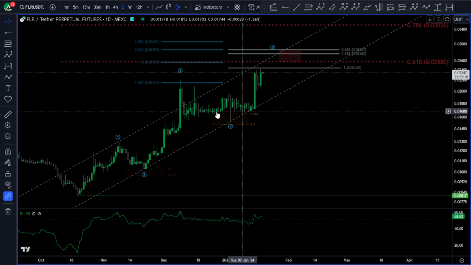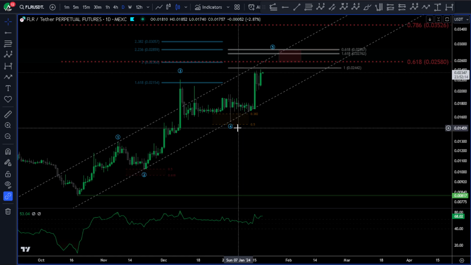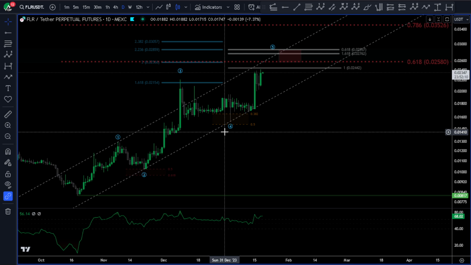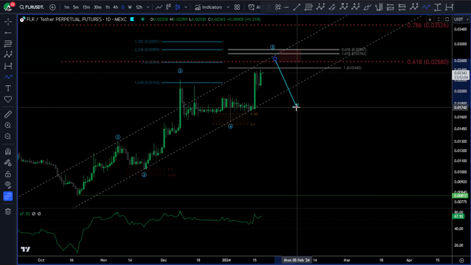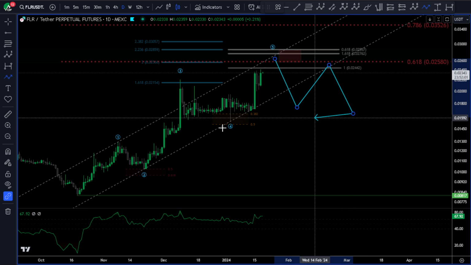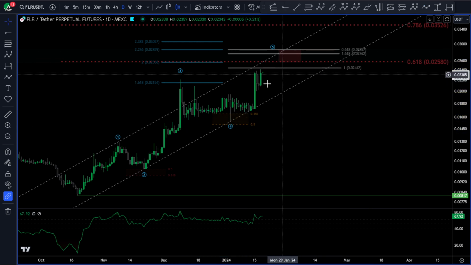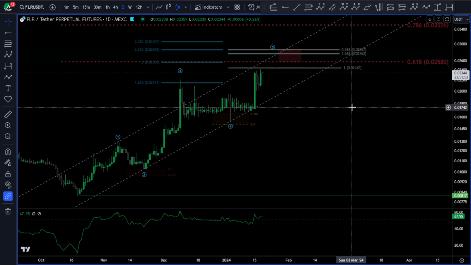Came back in a zigzag here, and we came between the 382 and the 50, exactly where we would expect our fourth wave. And we're working on our fifth wave to the upside, in which case I would expect a larger correction finding support at this fourth wave. So I'm looking for a short or a scalp long, depending on what happens in this area.